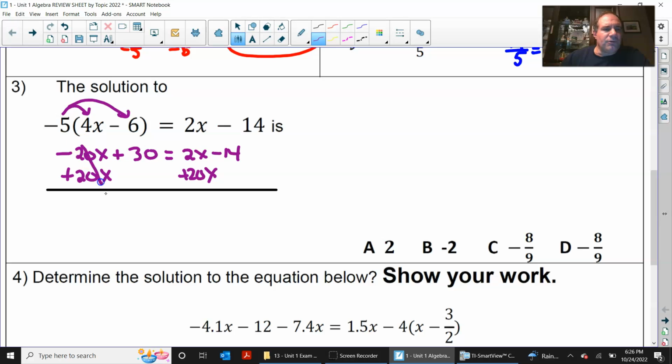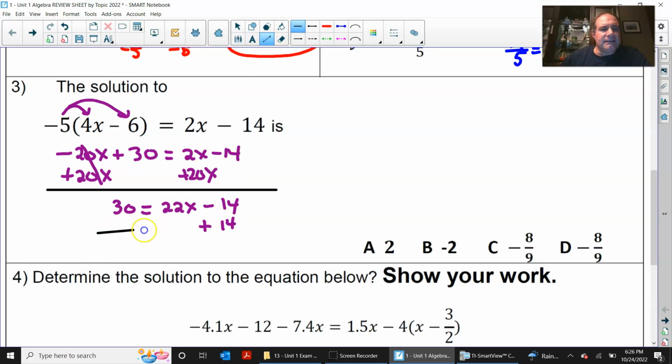Bringing the smaller to the larger will have me stay in that positive, and you have 22x on this side minus 14. When you add 14 to both sides, you are starting to get that x alone. So we're going to add that 14. This cancels.